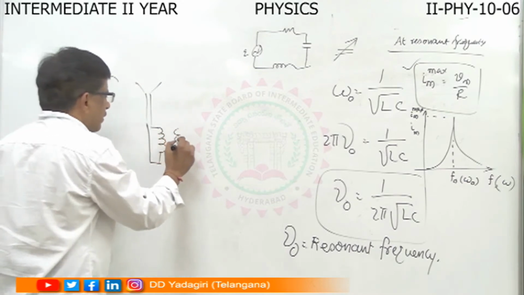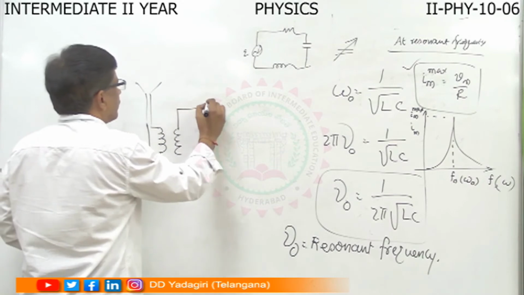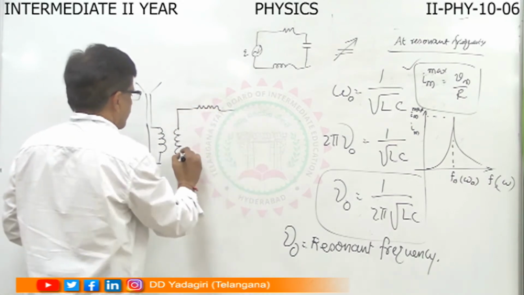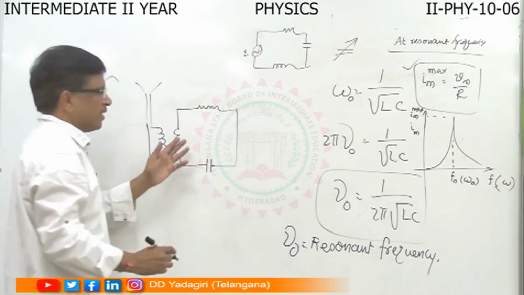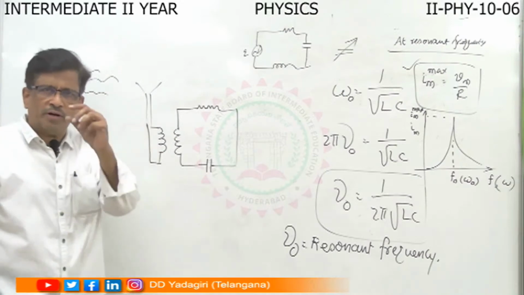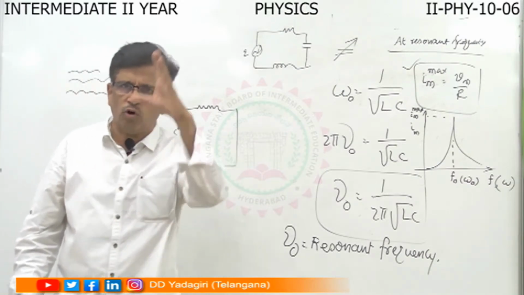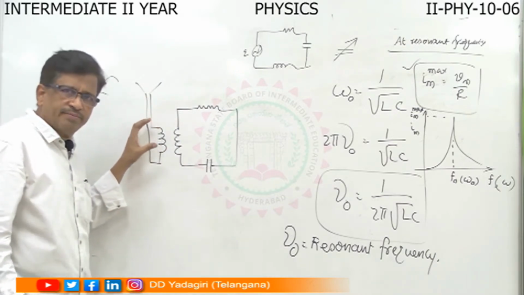So here, the LCR circuit will be there. This is the LCR circuit. Each wave is like a voltage source. So these are all the voltage sources here.